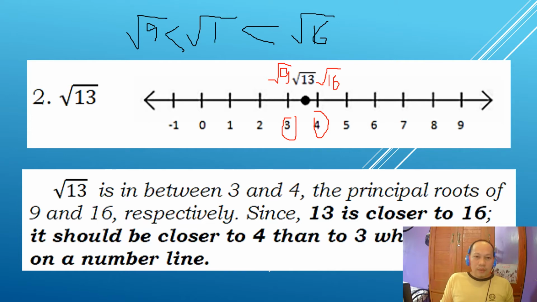So, square root of 13. Medyo mahirap magsulat sa mouse. Okay. So, ayan. No? So, kaya square root of 9 is lesser than square root of 13, but square root of 13 is lesser than square root of 16. So, kaya ito nangyari natin. Okay? So, andun lang siya. No? Sa pagitan pa rin siya ng 3 and 4. Okay?